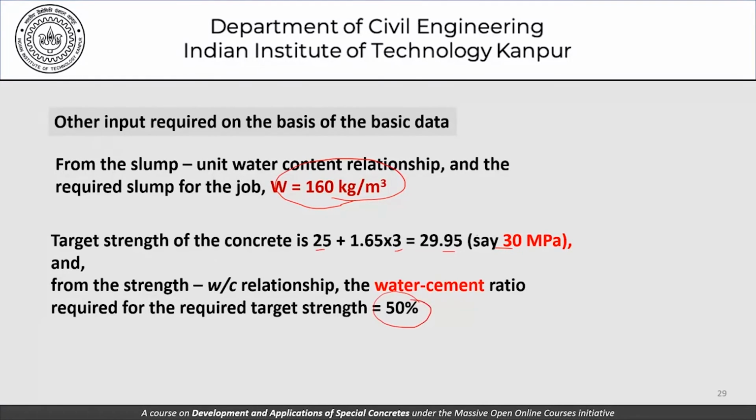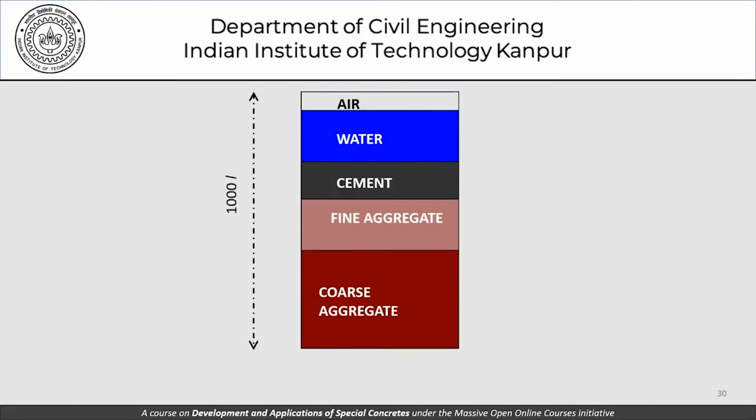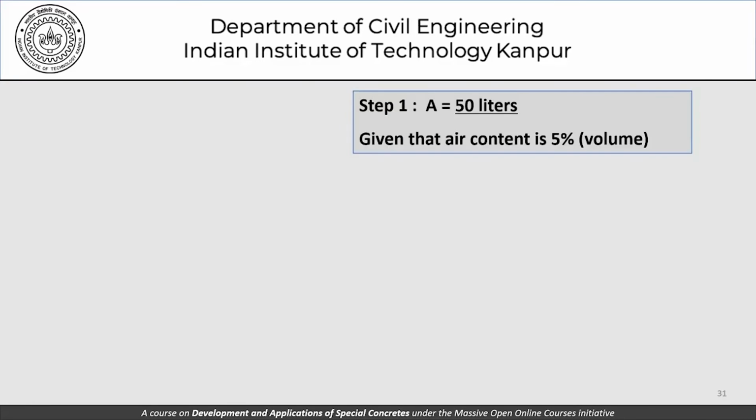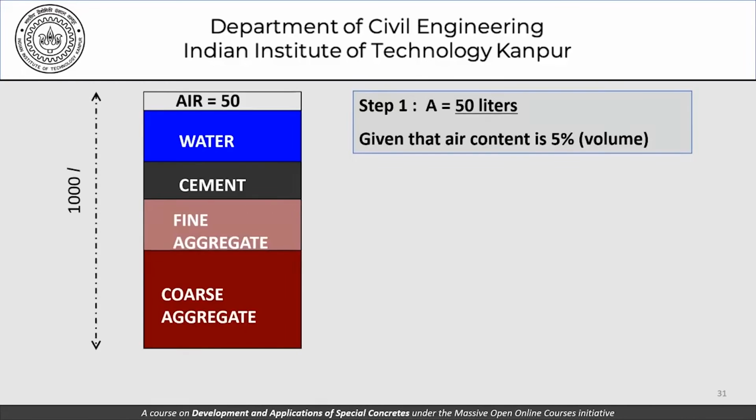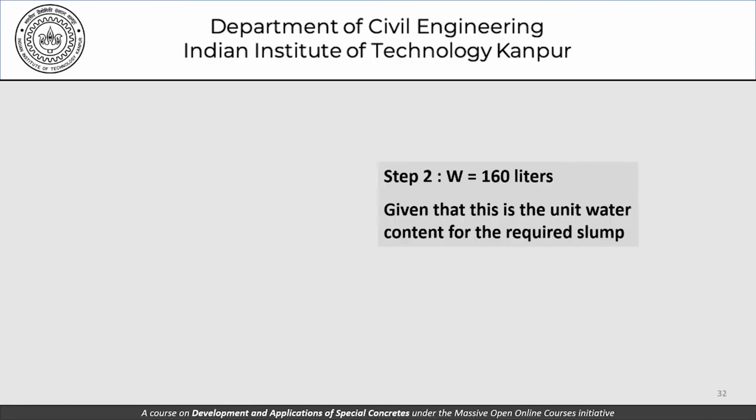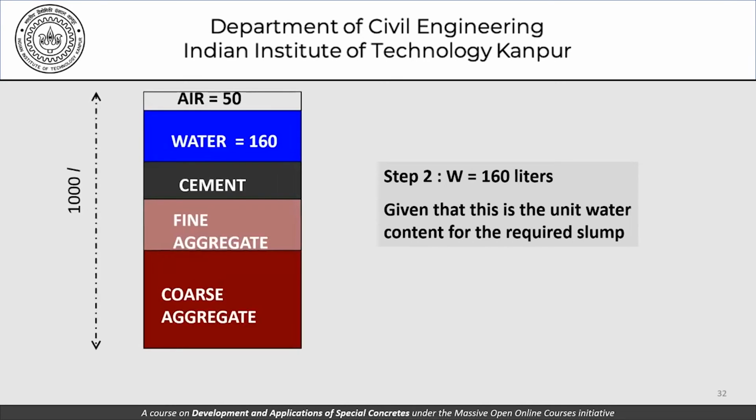S by A is already known to us, and therefore we are ready to start plugging in those values into our pitcher kind of calculations. The first step is air content being 50 liters, 5% by volume, that is known. The next step, water is 160 liters. Given that this is the unit water content from the required slump, this becomes fixed.